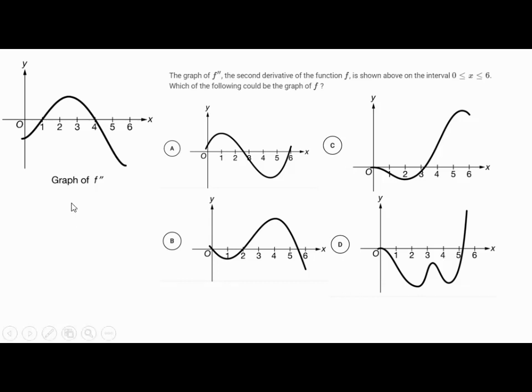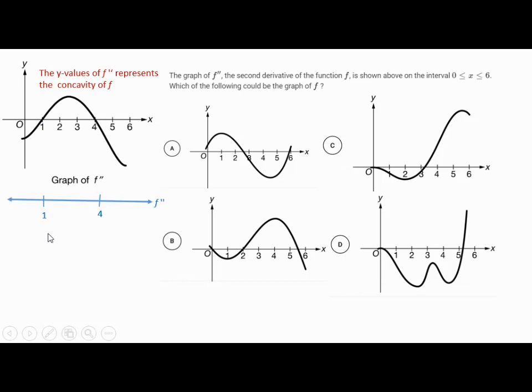Well, what information can we get from the graph of f double prime? f double prime means the second derivative of f, and the second derivative tells us about the concavity of f. So when I look at this graph, the y values of the second derivative of f represent the concavity. So now we want to analyze these y values right here.